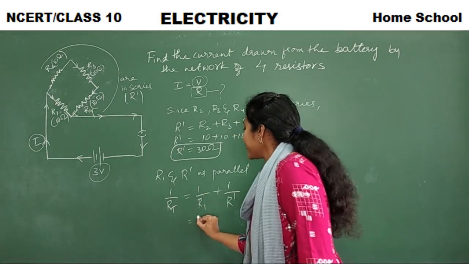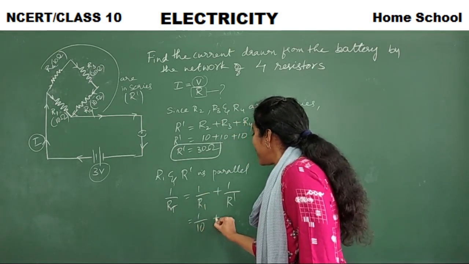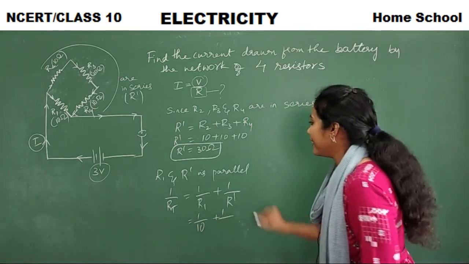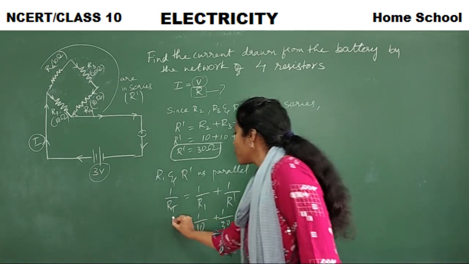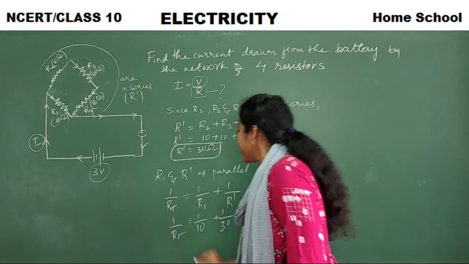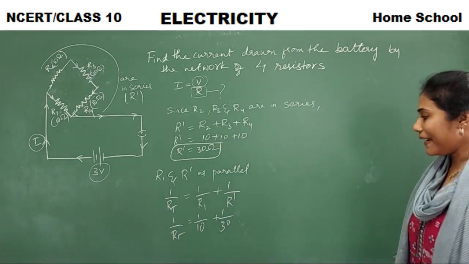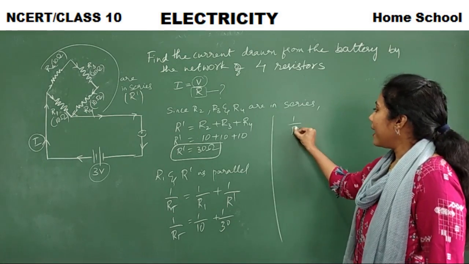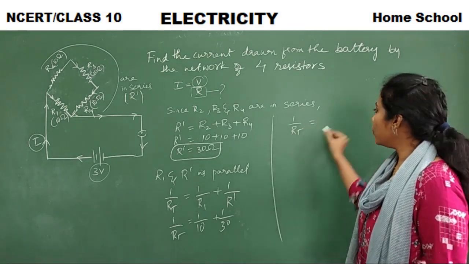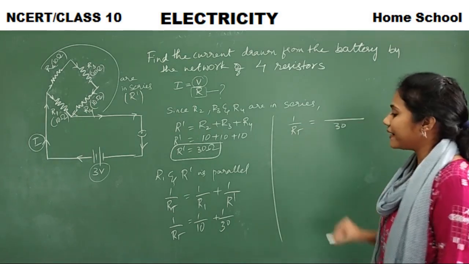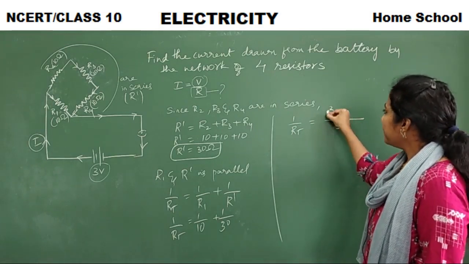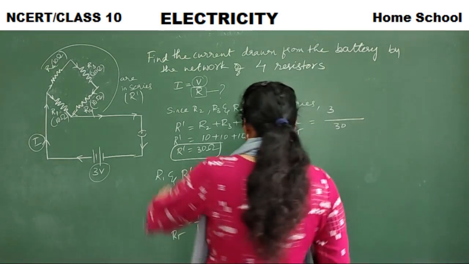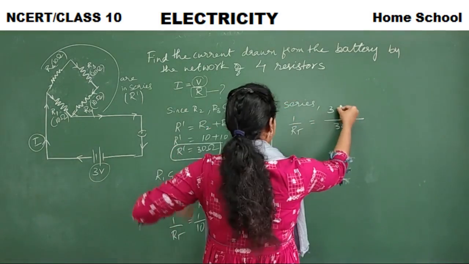Okay. So what is R1? 10. What is R dash? 30. So 1 by RT is equal to 1 by 10 plus 1 by 30. So 1 by RT is equal to 30 is the LCM I'll take, and then 3 plus 1.